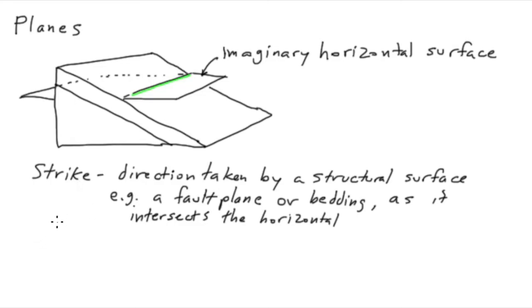And the other thing that we need to know: the strike would determine this direction, but we also have this angle, the angle that it's tilted at, which we call the dip.